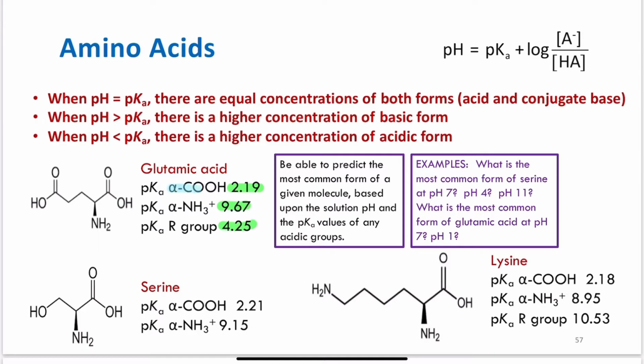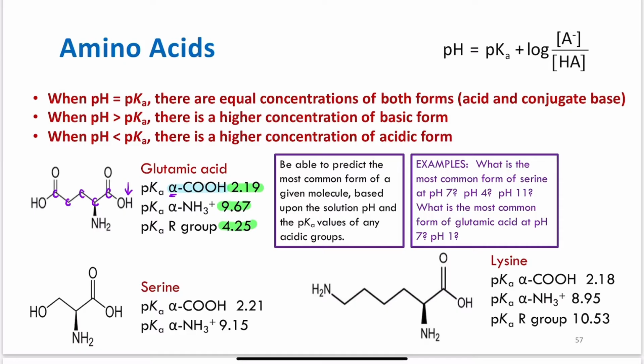The pKa of the alpha COOH, the proton on the COOH, look at your compound. I know we don't write in carbons, but here's your carbons. And it says alpha COOH. What that means is the proton right here.